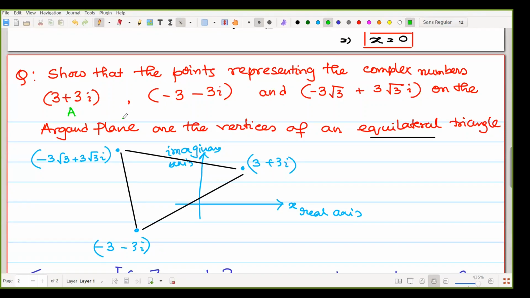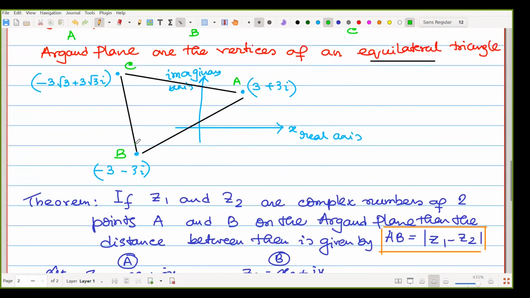First one is A, second one is B, and third one is C. So we can find the values of AB, BC and CA, and if all are equal, then we can say this is an equilateral triangle.